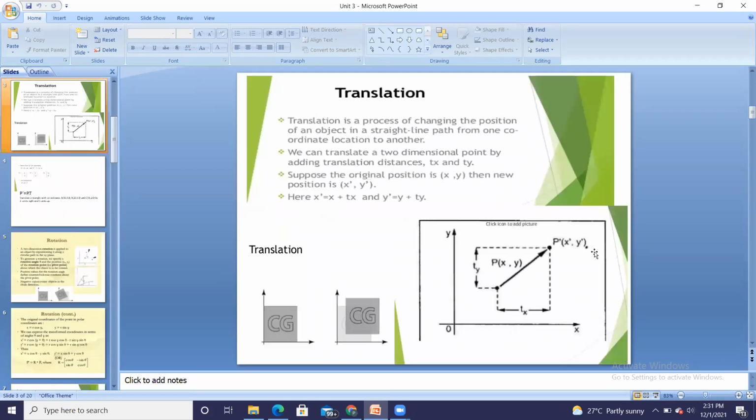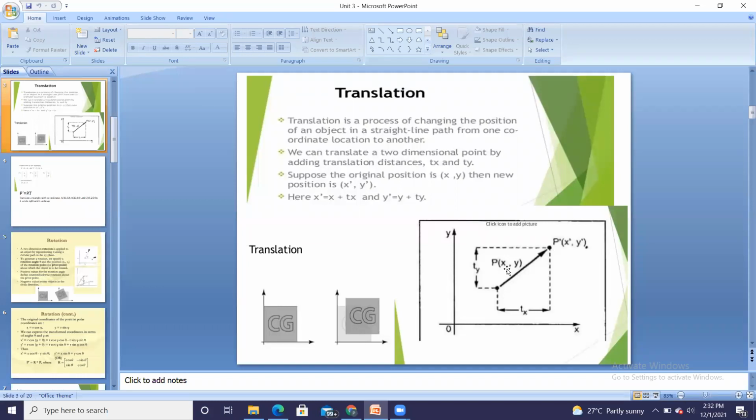So translation is nothing but a process of changing the position of the object in a straight line path from one coordinate location to another. So here we are going to shift the object from its original position to a new position where the size and shape of the object remain the same, only we are changing the coordinates.